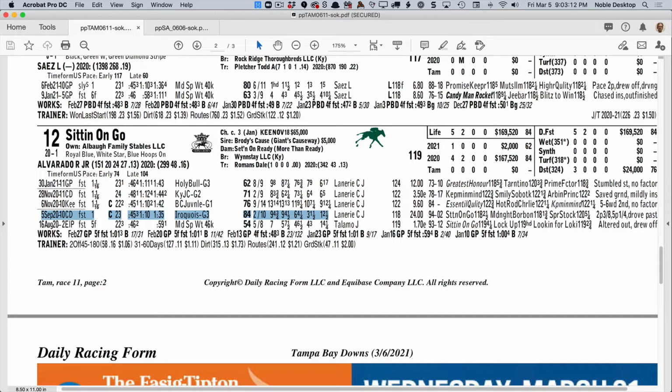So the fact that Sitting on Go ran an 84 back in September means now that we're into March, there's a good chance he's capable of running much faster, but he hasn't lately, which would indicate to me that there's some physical problem, probably, something that's prevented him from developing like he should.